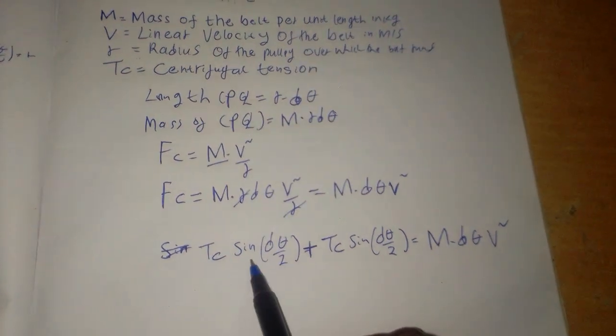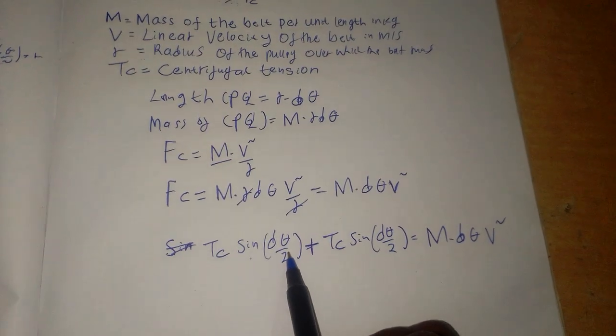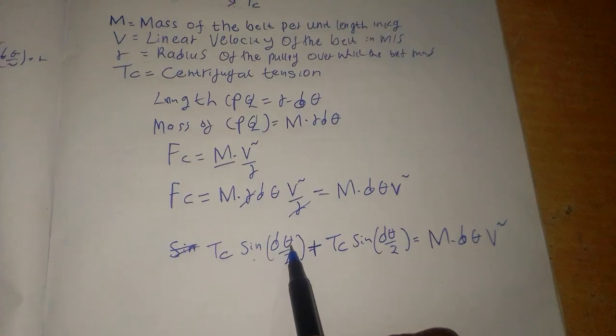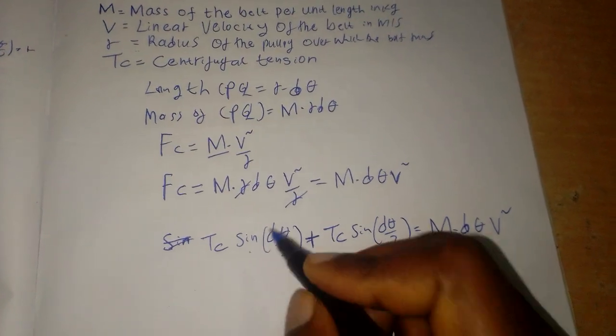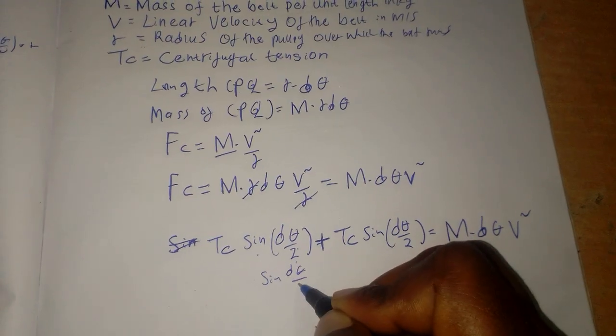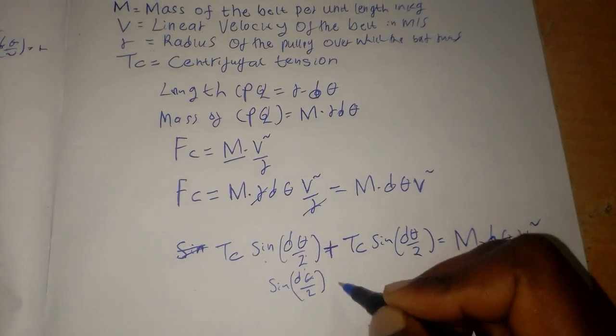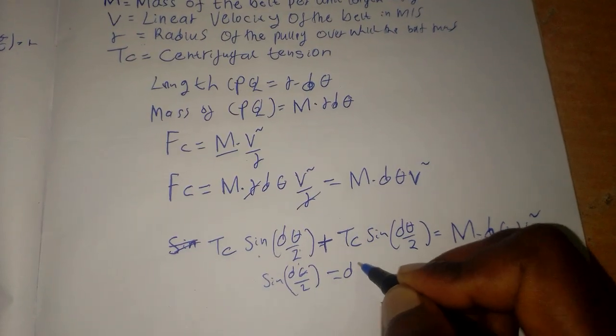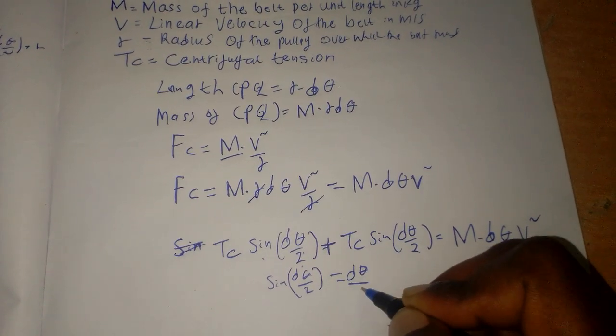Now, since sine d theta over 2 is very small, we are going to replace it with d theta divided by 2.